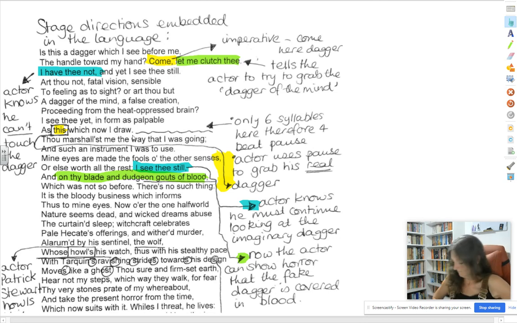He's got to kind of pat himself down and find that dagger, the real dagger, which he's got to draw. It's almost like the fake dagger, the dagger of the mind, is reminding him that he's got to get ready his real dagger. Where's he put it? It just gives him that second to find his real dagger by embedding this silence, by taking 4 beats out of the rhythm there.